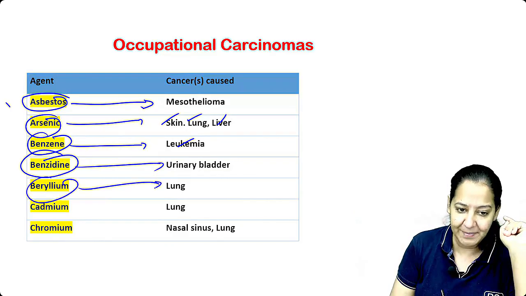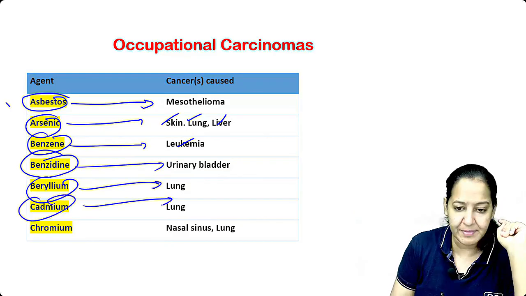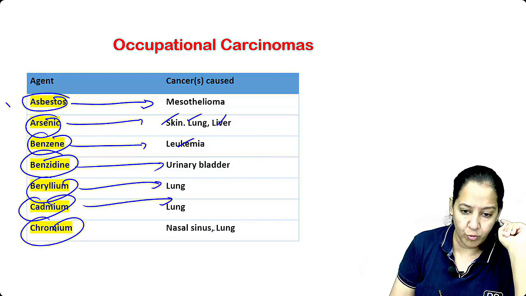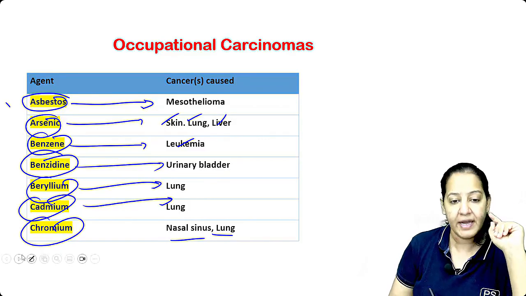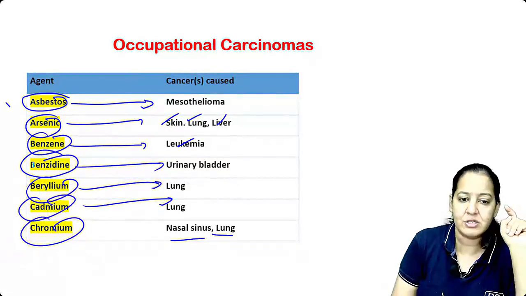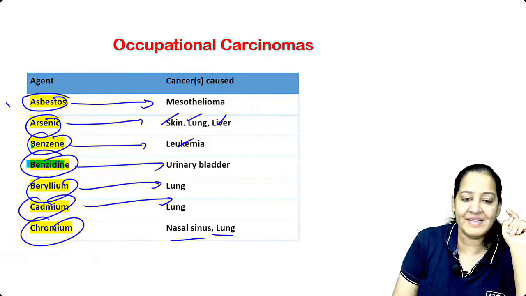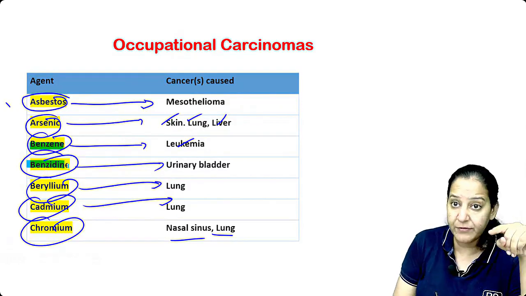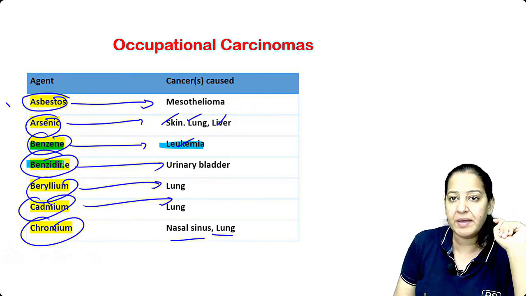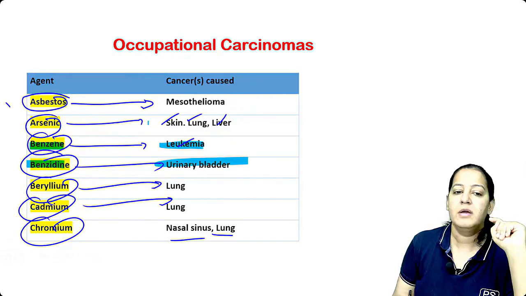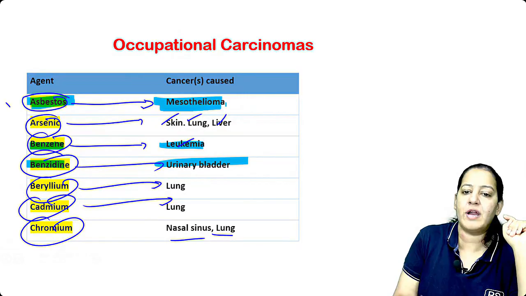Beryllium is a risk factor for lung cancer. Cadmium is a risk factor for lung cancer. And chromium is a risk factor for lung and nasal sinus cancer. Questions have already been asked on beryllium, benzidine, and benzene. Both of them are confusing. Benzene leads to leukemia. Benzidine leads to urinary bladder cancer. And there is also a question on asbestos and mesothelioma.